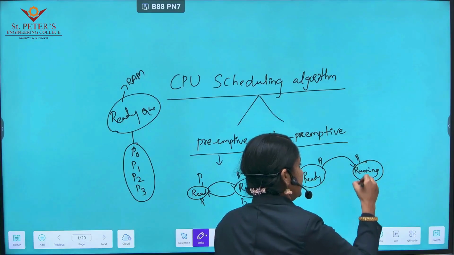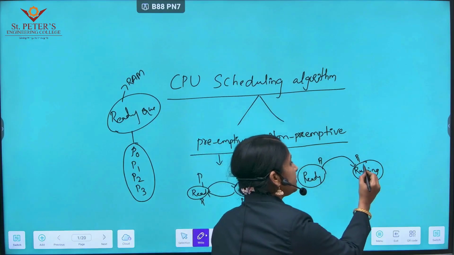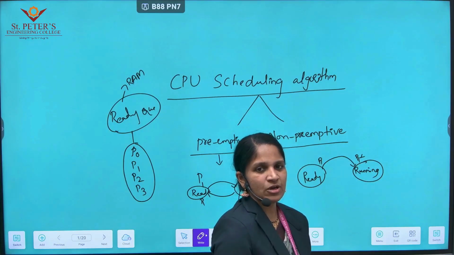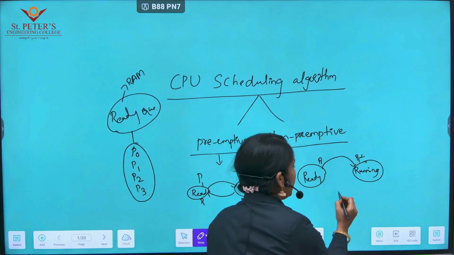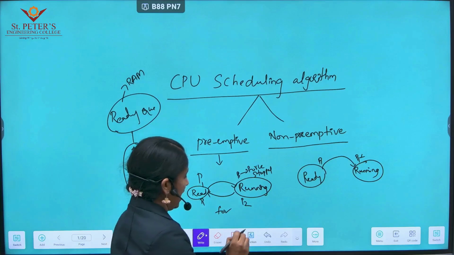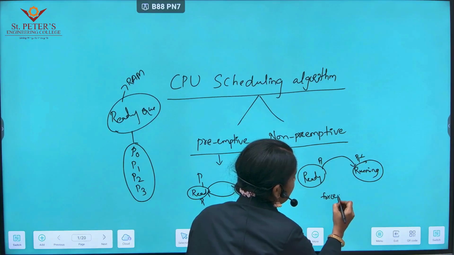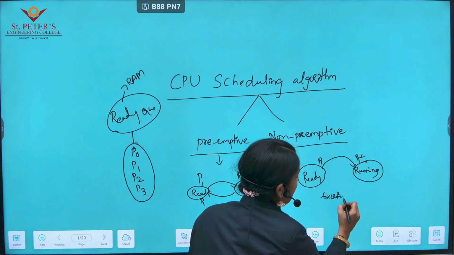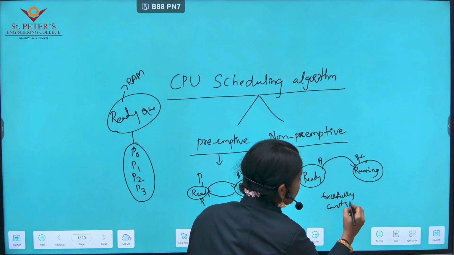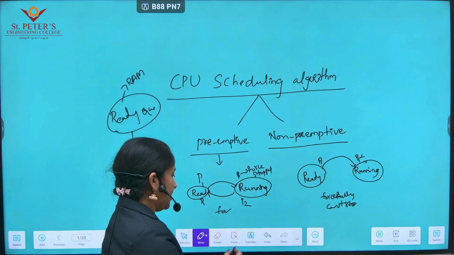Now P1 is executing, and we can't forcefully stop this P1 process. In preemptive we can forcefully stop, and in non-preemptive we can't forcefully stop. That is the difference between preemptive and non-preemptive.